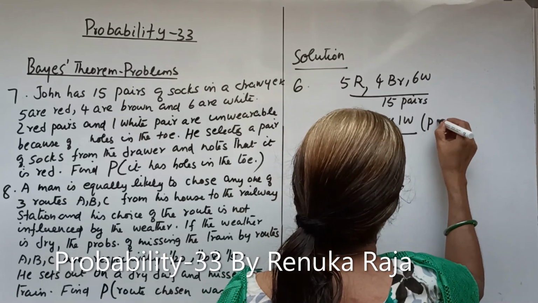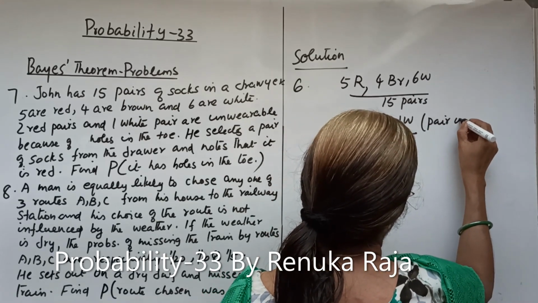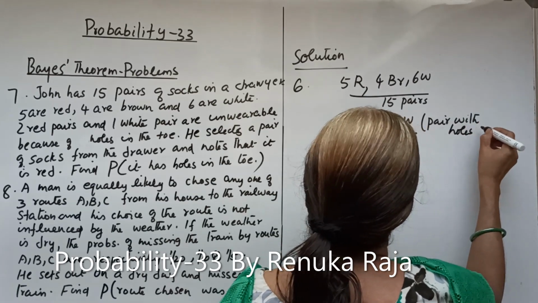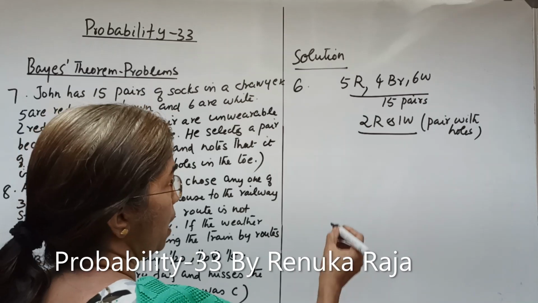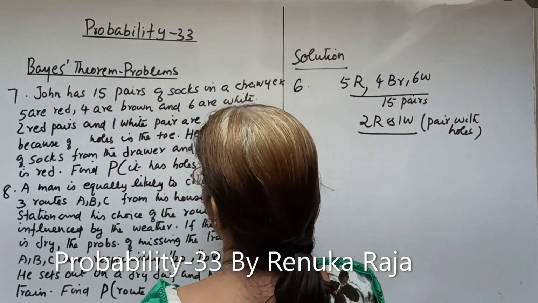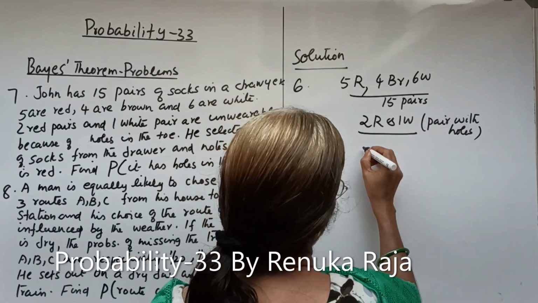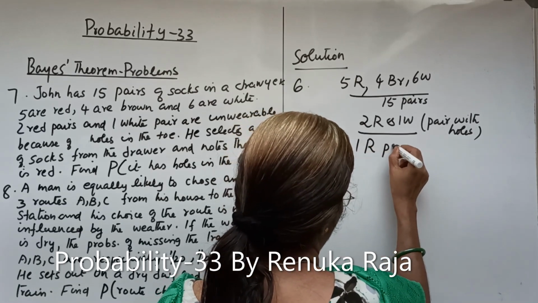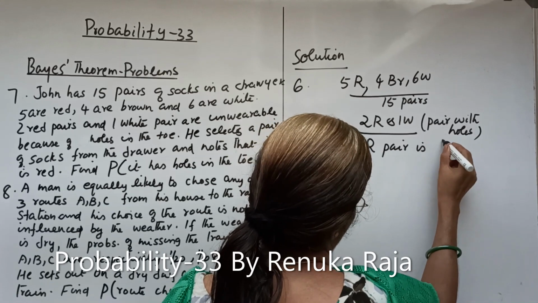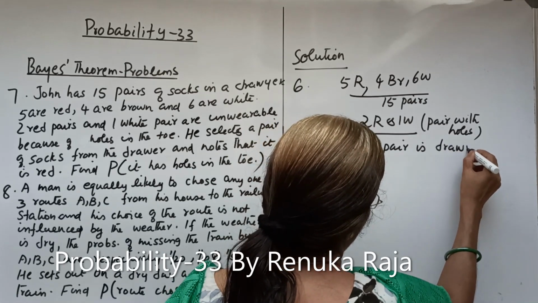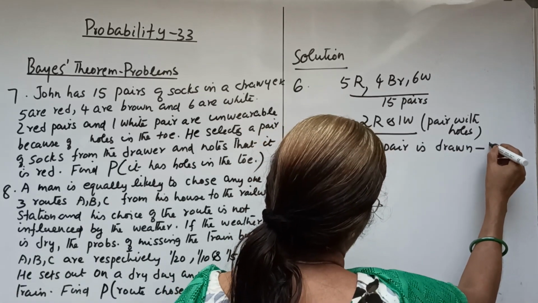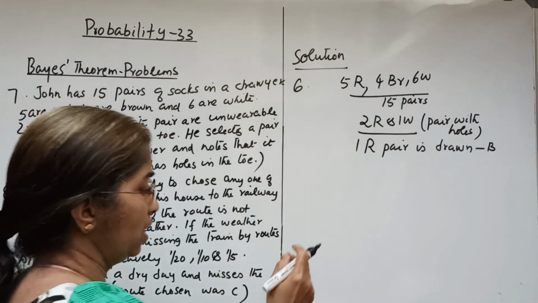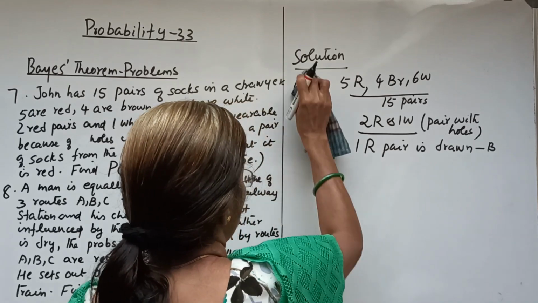Okay, pair with holes. This is the given data. Okay, and here we are given that a red pair of socks, 1 red pair, is drawn. So let us fix this event as B, that 1 red pair of socks is drawn.